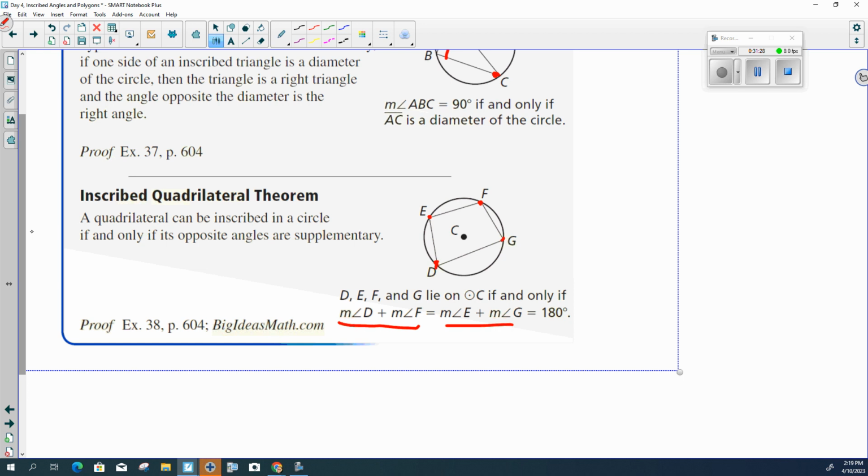The opposite angles in the quadrilateral will be supplementary. If you don't know what supplementary means, write that they equal 180. Opposite angles are supplementary when they're inscribed.